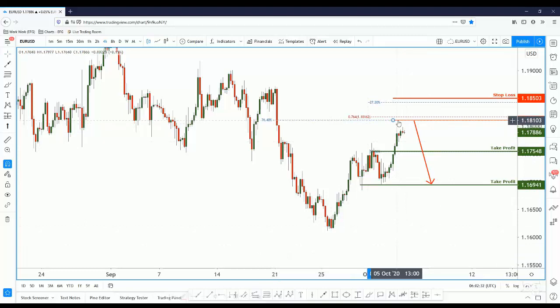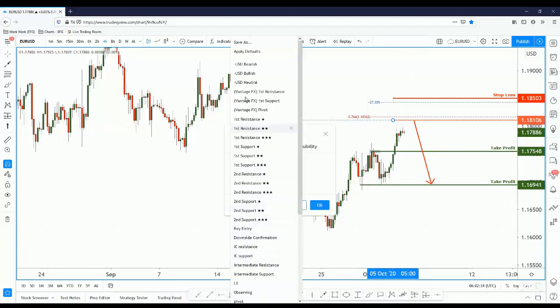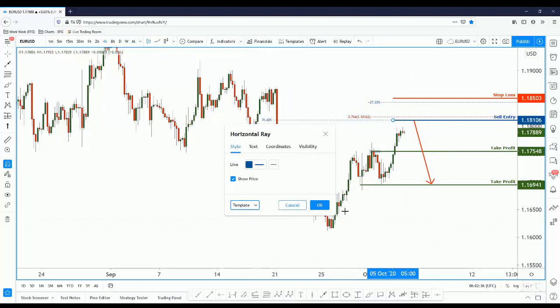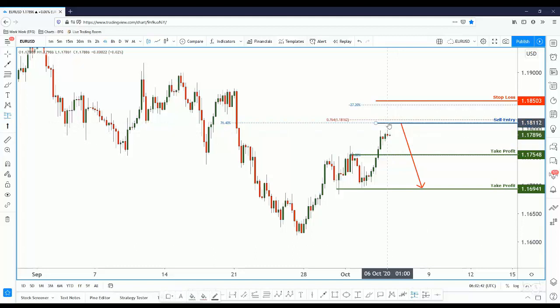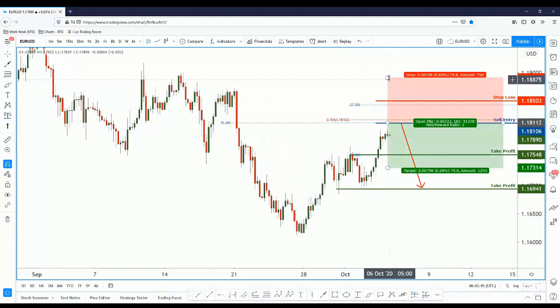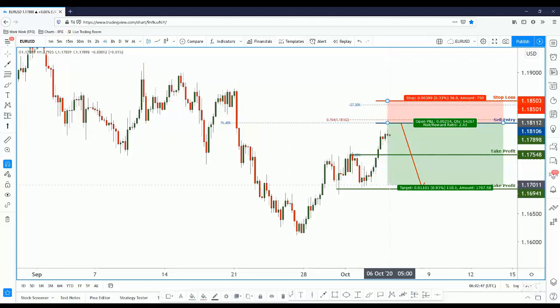I'm just going to change this line to our sell entry. This actually makes for a very nice trade, going short. A stop loss over here and a take profit here, with a risk reward ratio of 1:3.